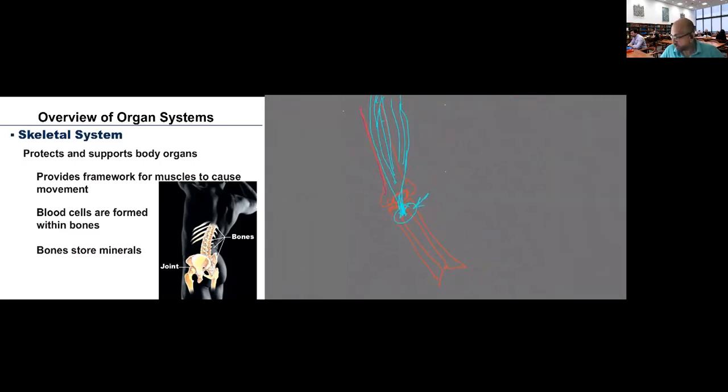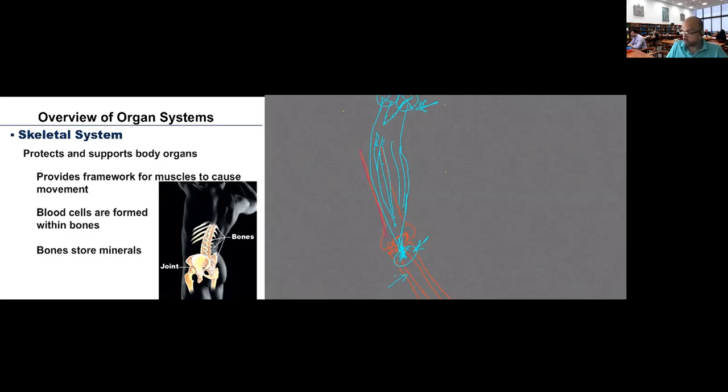So if you're looking on here, if I have the biceps, but I don't have this bone to which the biceps is attached, will it be able to perform its action? If I don't have anything to pull on, would I be able to perform a movement? What do you think?